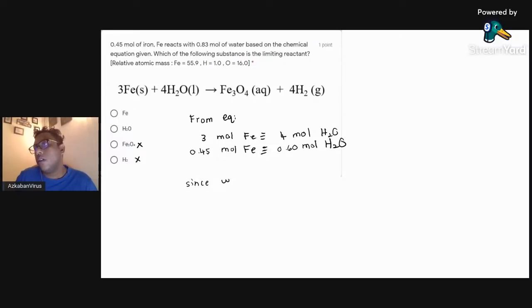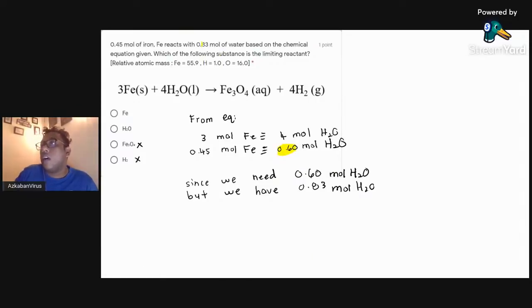Since we need 0.60 mole of H2O, but we have 0.83 mole of H2O, we only need 0.6 but we have 0.83.